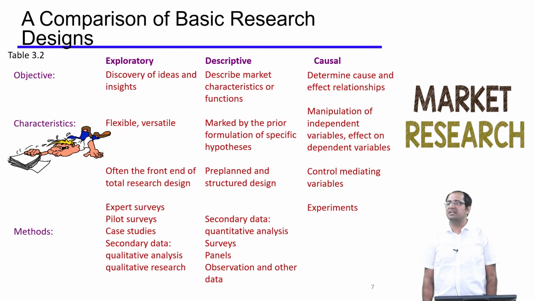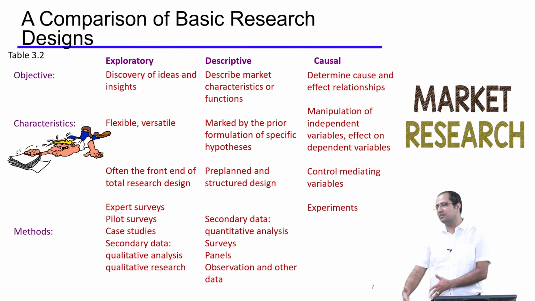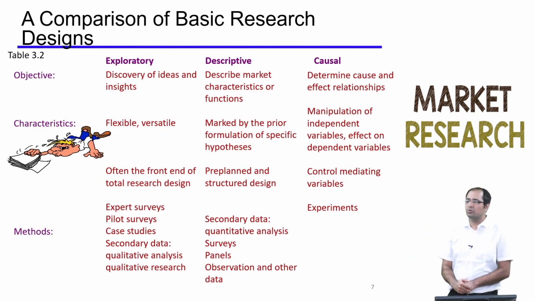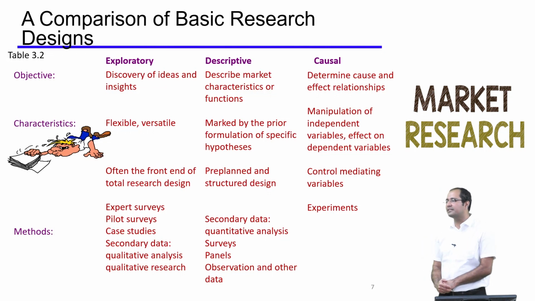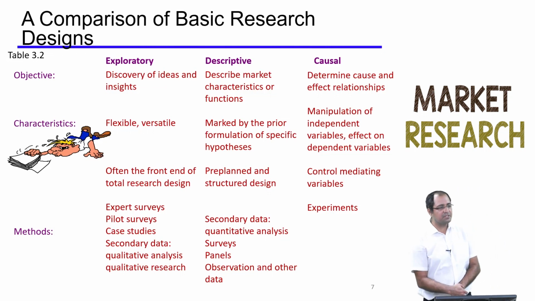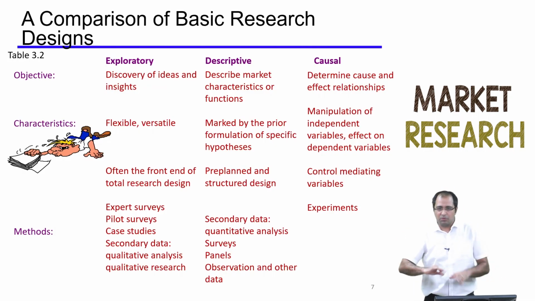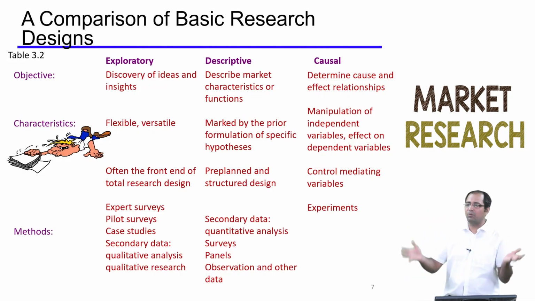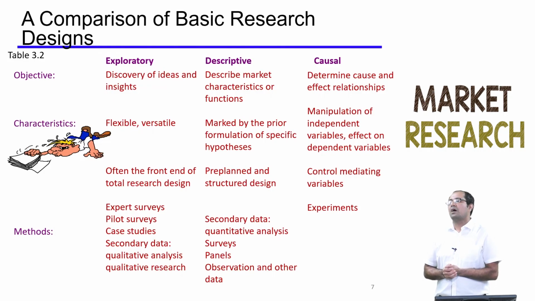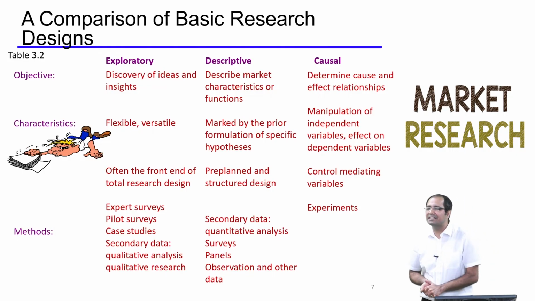We cannot say that one is a cause, the other is an effect, whereas in causal we try to infer causality, although even through causal we cannot truly determine cause and effect relationships, but yes, we infer causality. So, not going in depth into what I said, causal designs determine cause and effect relationships, as it is written.